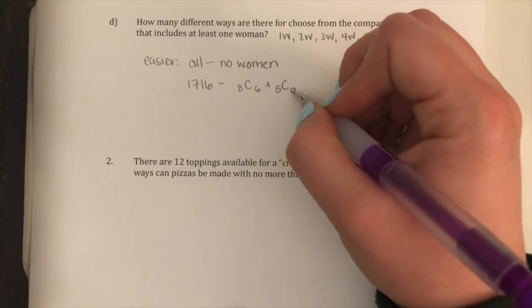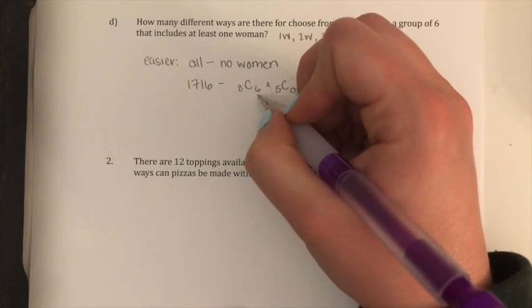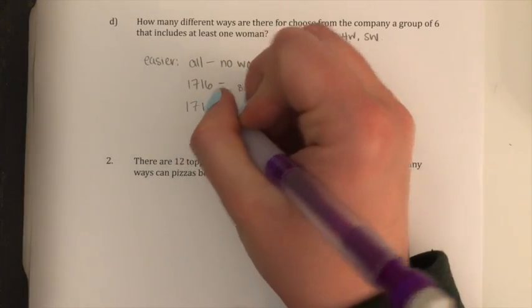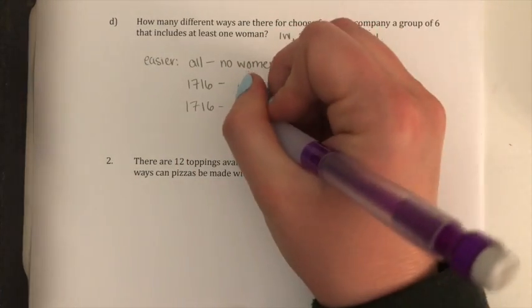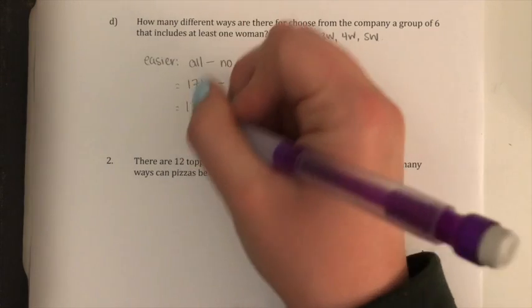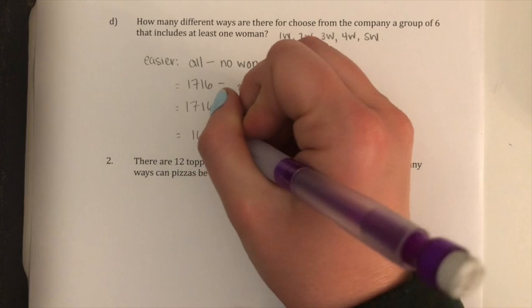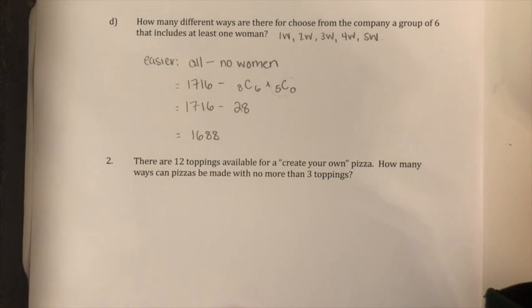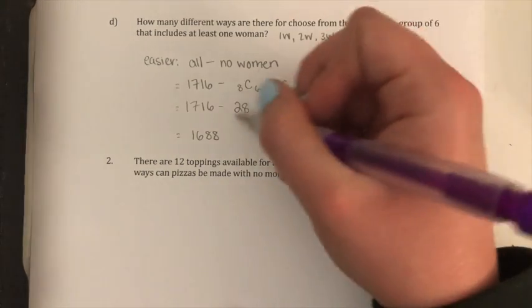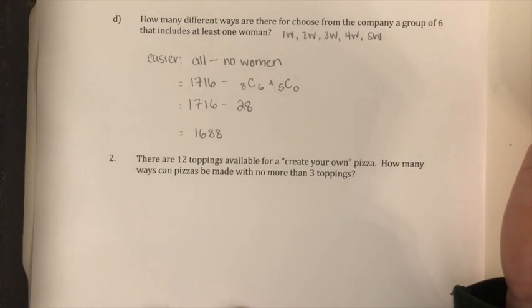So this is just 1 times whatever this number is, and that number happens to be 28. So there's 1,688 different ways to pick at least 1 woman. It's just excluding those 28 chances where there's no women.